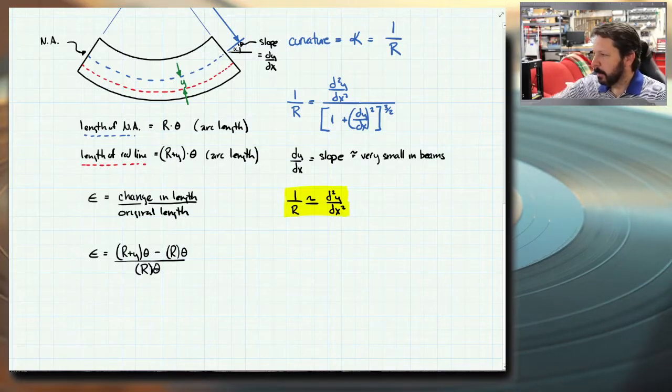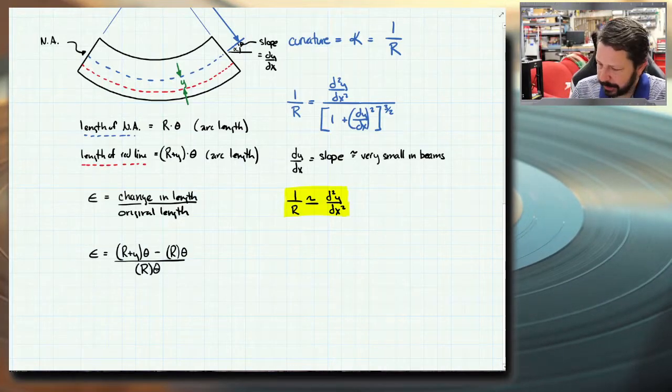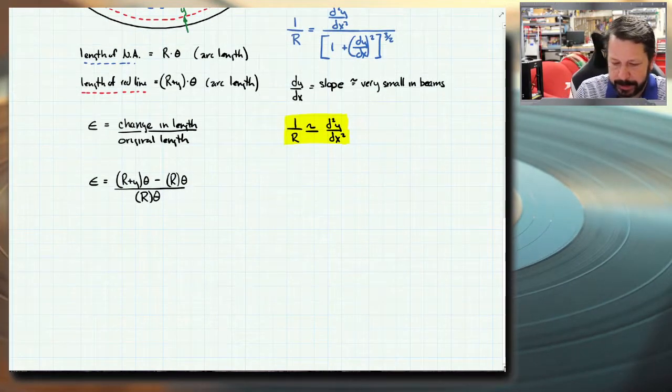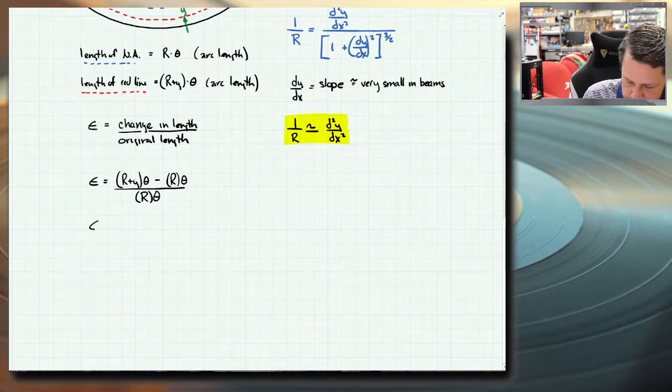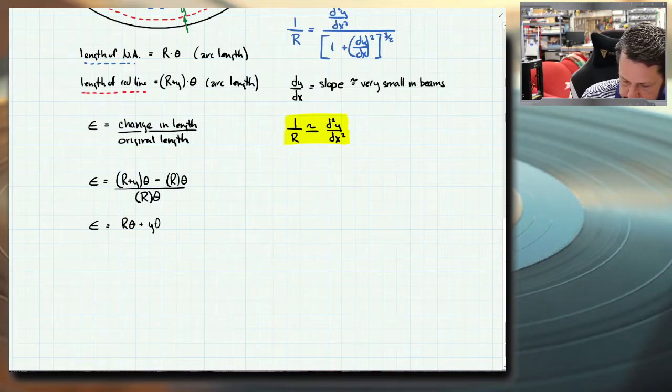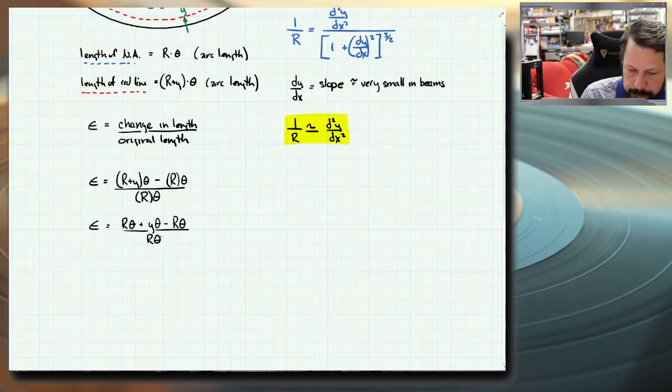Okay. It can be simplified a little bit. Let's expand this top part. R theta plus, well, let's do y theta since I have them in that order. Y theta minus r theta over r theta.